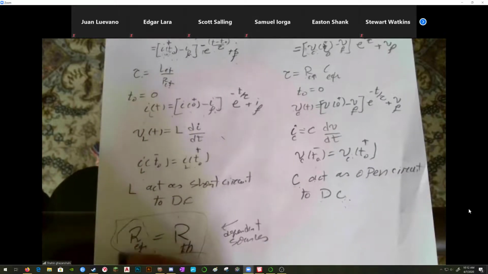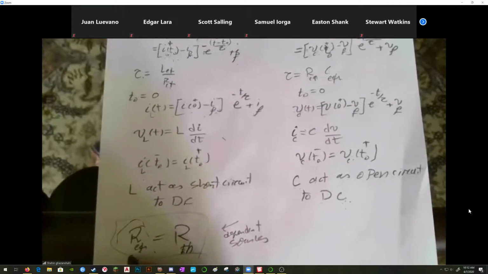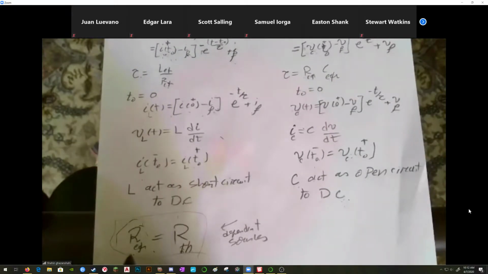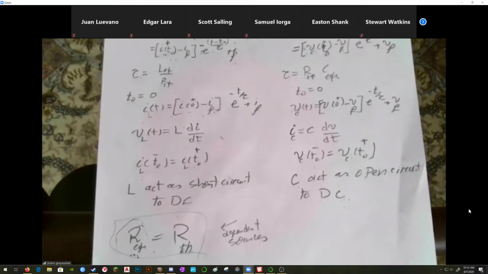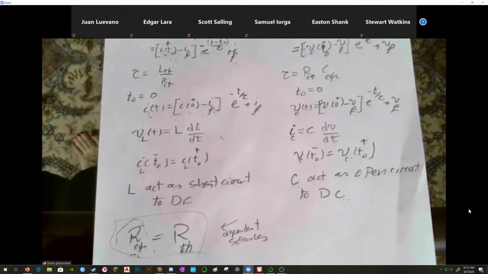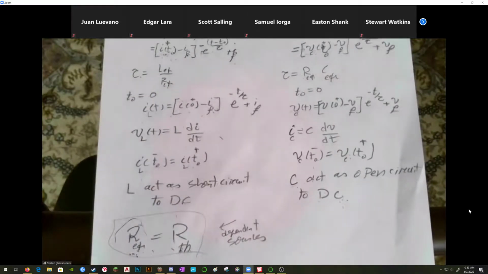How do we calculate the R equivalent? R equivalent is the equivalent resistance across inductors or capacitors of the dead network. What I mean by dead network is that you short the independent voltage sources and you open the independent current sources. But if there is a dependent source, it stays. So I don't know what the resistance across the dependent source is. That's why we have to go to this method.